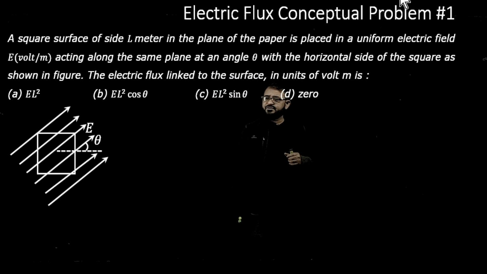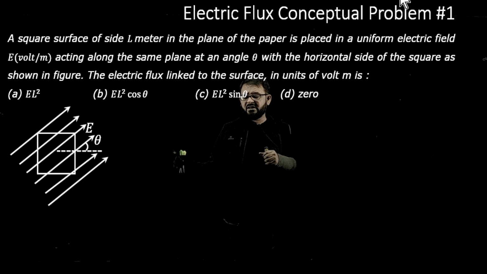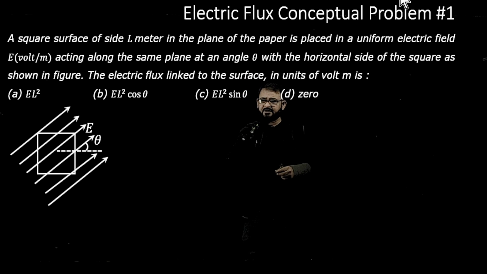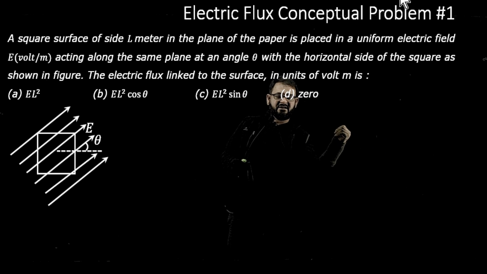In this question they have asked what is the electric flux linked to the surface. The field lines are actually parallel to the surface, they are in plane, so actually no field line penetrates this square. The normal vector of the square is out of the plane, towards me; you can do the right hand curl rule. The area is in the plane, the direction of the thumb is towards me.